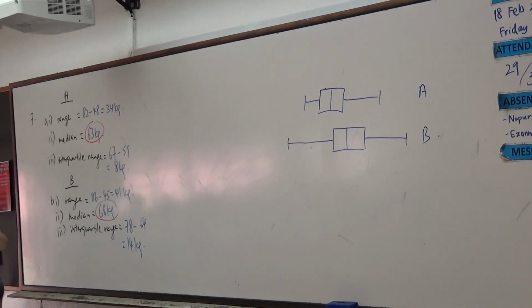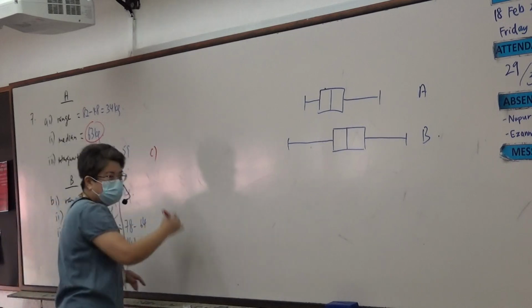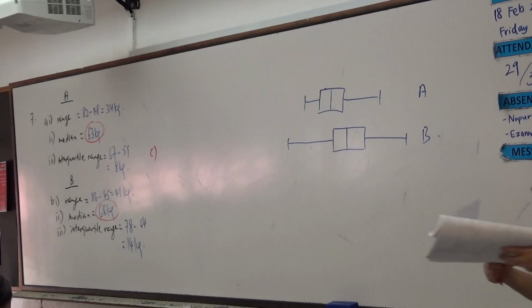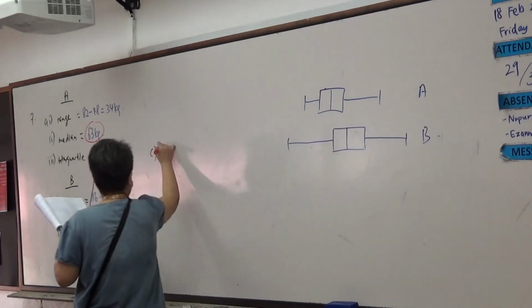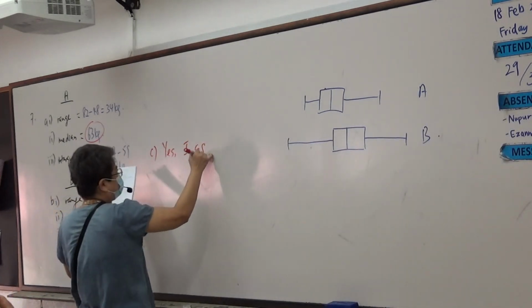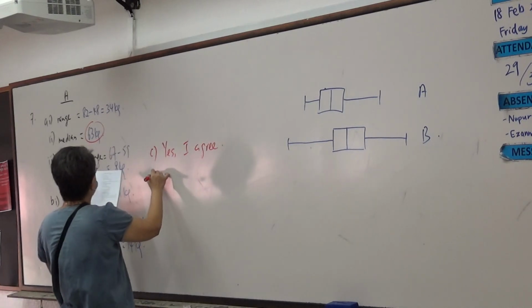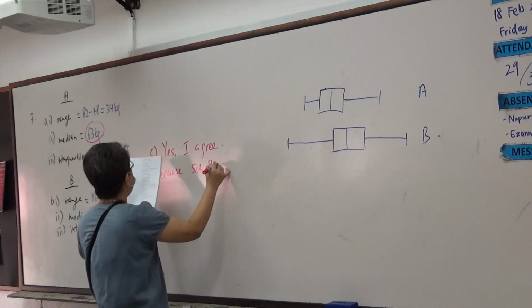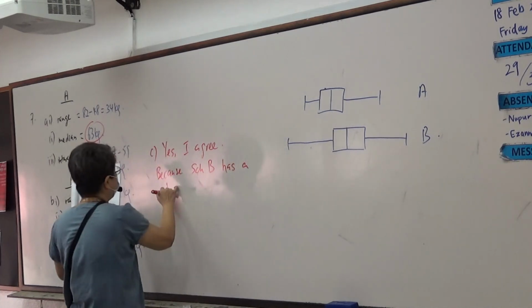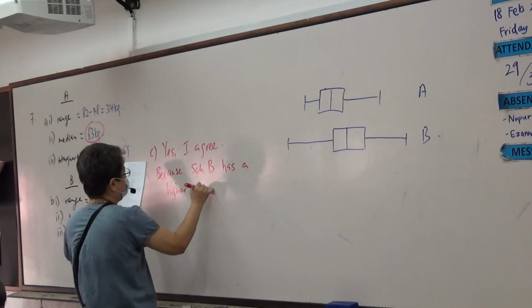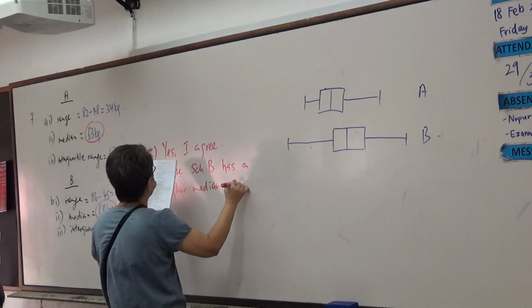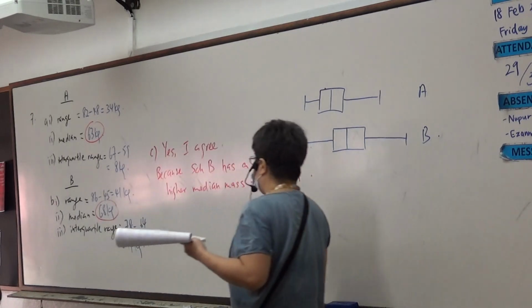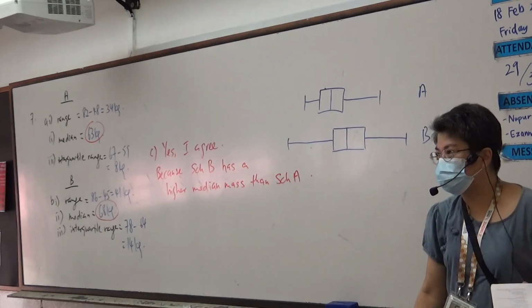So how to answer in exam, you just say what the question says. Do you agree? So you must say, yes, I agree. Why? Because school B has a higher median mass than school A. Am I right?